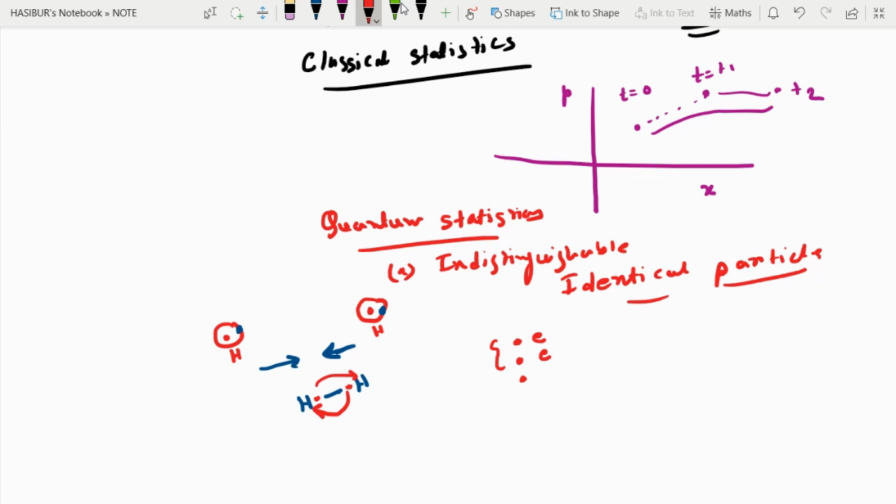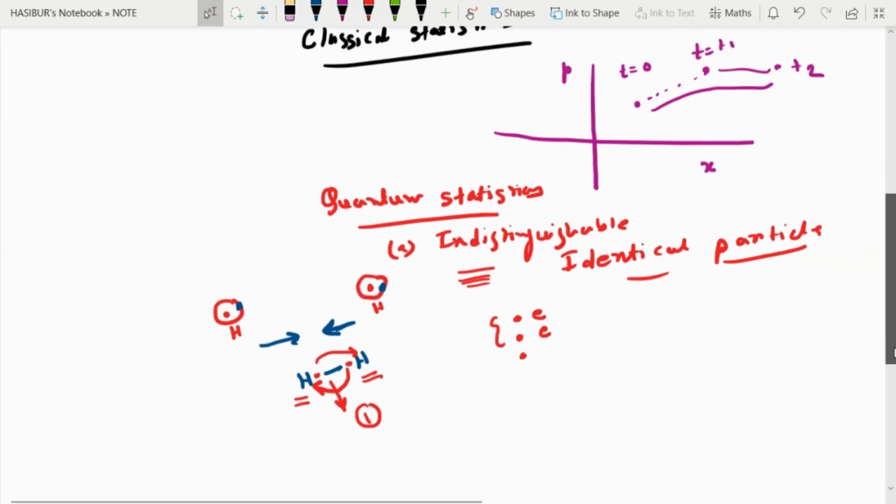So this electron is not fixed to this hydrogen atom; there is covalent bonding, and covalent bonding means sharing of electrons. If you have labeled this electron as 1, you can't tell where electron 1 is right now. It can be associated with this hydrogen atom, or with the other hydrogen atom. This is the indistinguishable nature. It is the origin of the exchange interaction, which I don't want to talk about. But in today's video I want to illustrate a concept on quantum statistics, and that follows from this.